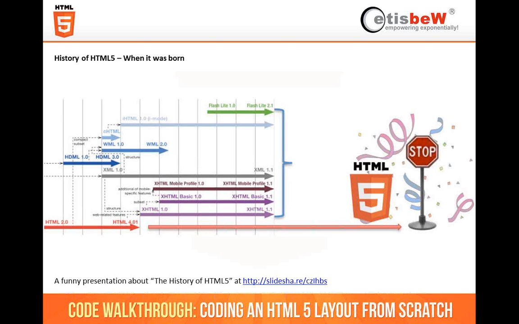Here you can see the graph representation of HTML 2.0, then a lot of space, then HTML 4.0.1, which was released in 2004. Meanwhile you can see XHTML 1.0 to 1.1 have grown, and XHTML Basic to XHTML Basic 1.1.